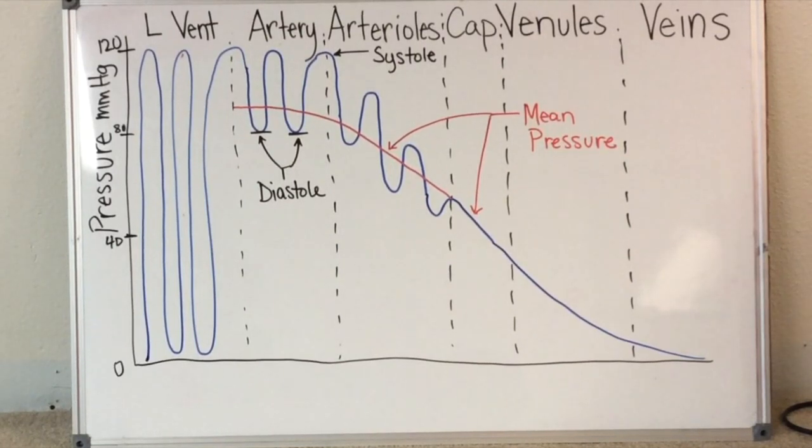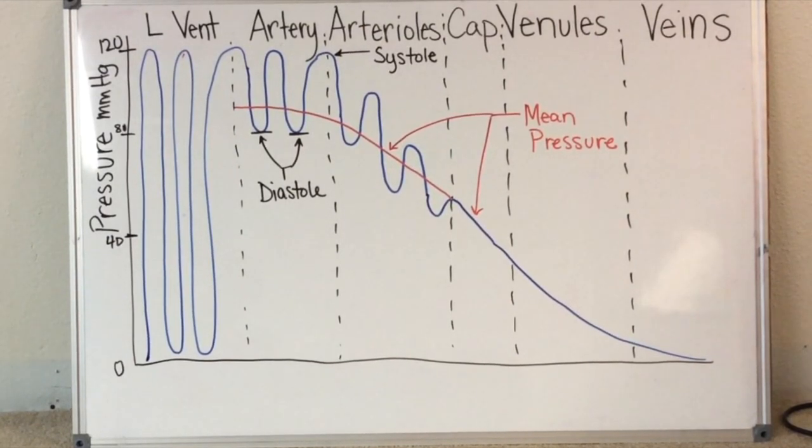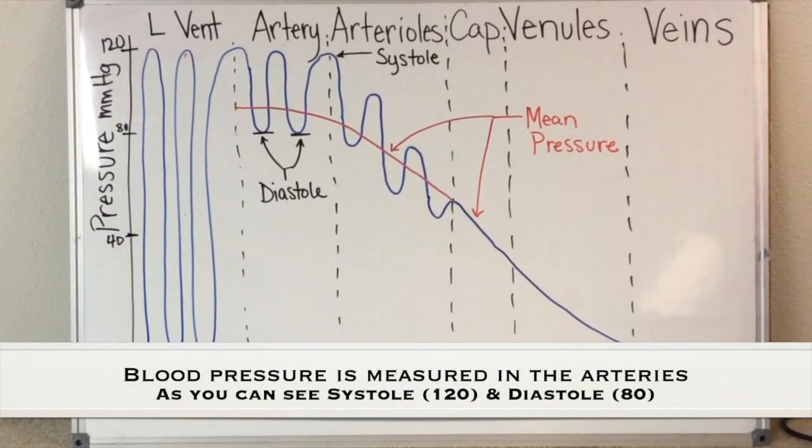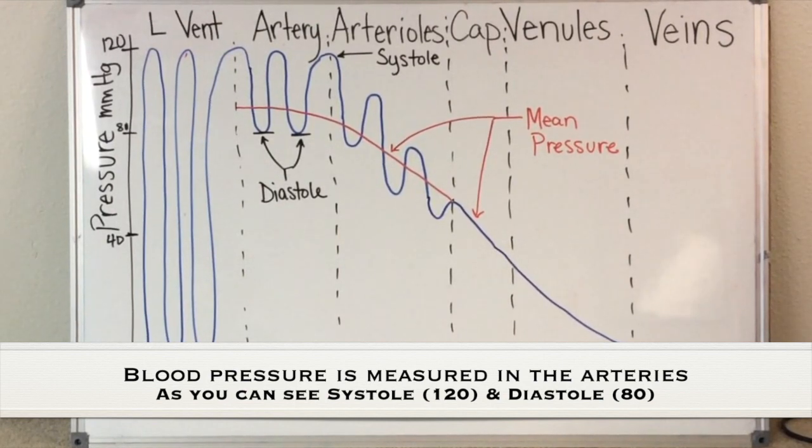As that pulse moves into the arteries, we still have an alternation between relaxation and contraction. We measure our blood pressure from artery blood pressure, usually the brachial artery. This is indicated by the systole and diastole of those alternating pulses of 120/80.